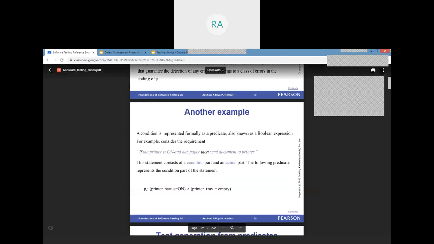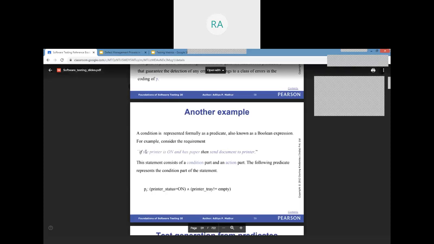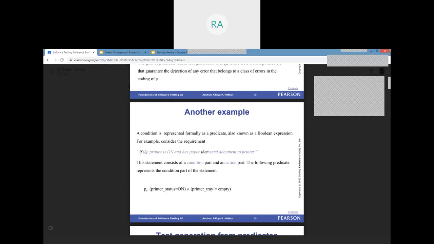See, it is a condition. I'm going to represent the condition in the form of a predicate, which I'm also calling a Boolean expression. Consider this requirement: whenever the printer is on and the paper is in the tray, then send the document to the printer. Whenever you press the print option on your screen, the prerequisites are that paper should be in the tray and the printer should be in the on status.